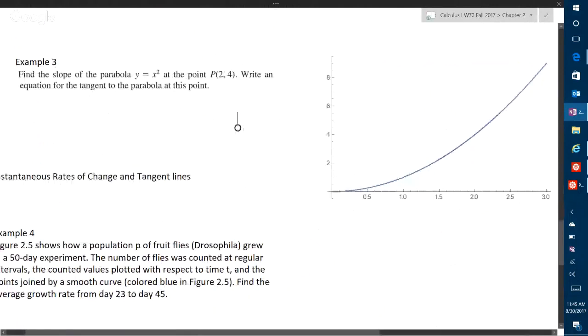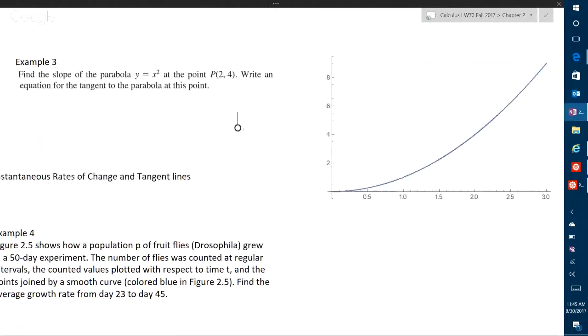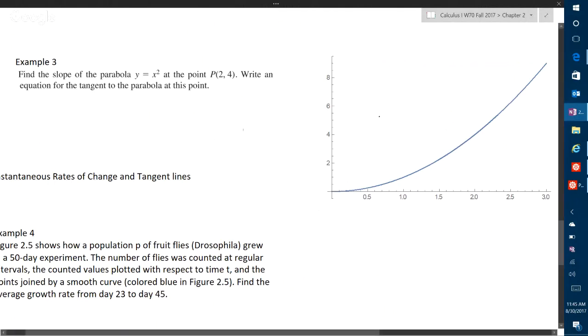All right, so find the slope of the parabola y is equal to x squared at the point 2, 4, and write an equation for the tangent to the parabola at this point. So we're at 2, 4 up here.